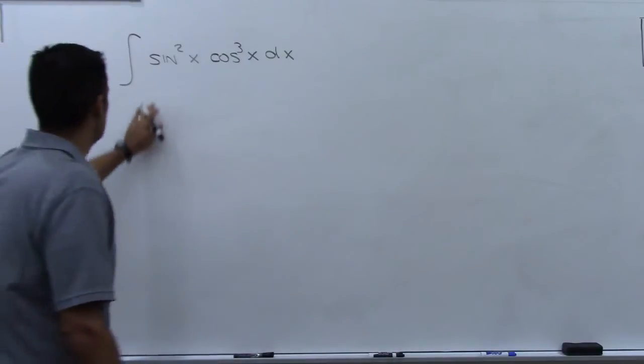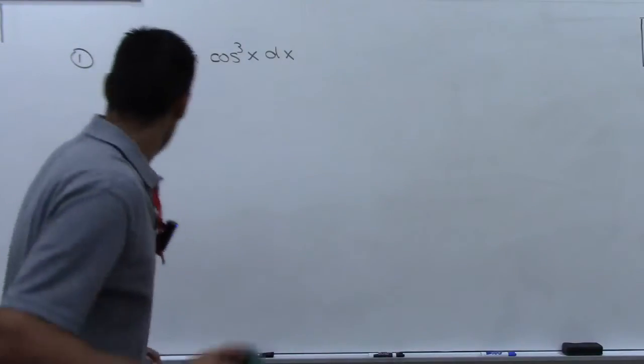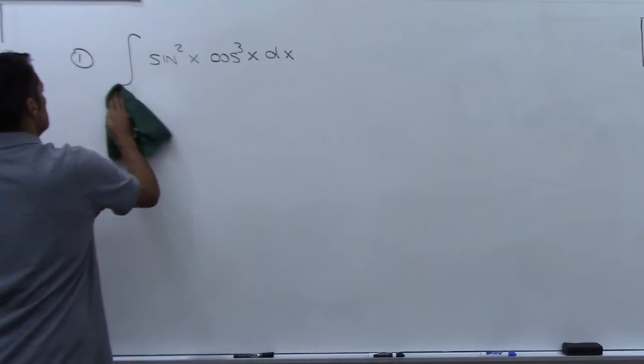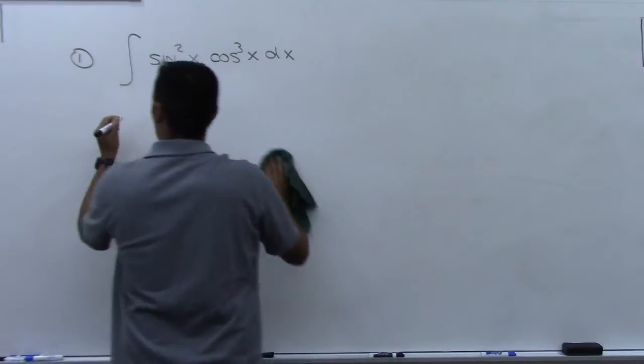So we do have cosine as an odd power here, so we'll go ahead and factor out a cosine here.